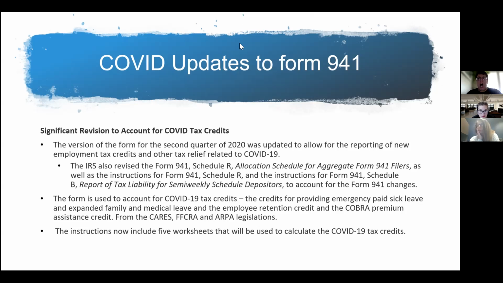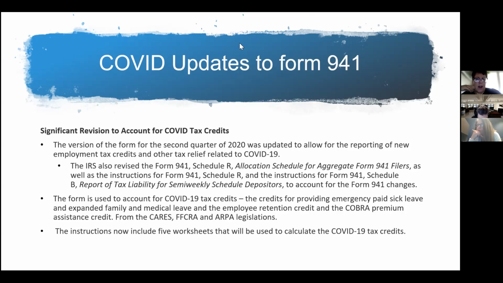There were a lot of updates to the 941 for COVID. This is where a lot of the complexities started. The version of the form for the second quarter of 2020 was updated to allow for a lot of the employment tax credits and other tax relief for COVID-19.